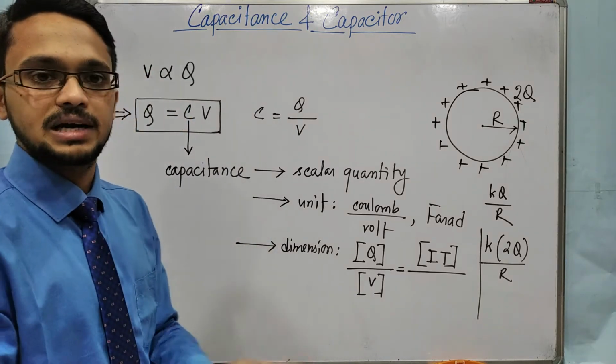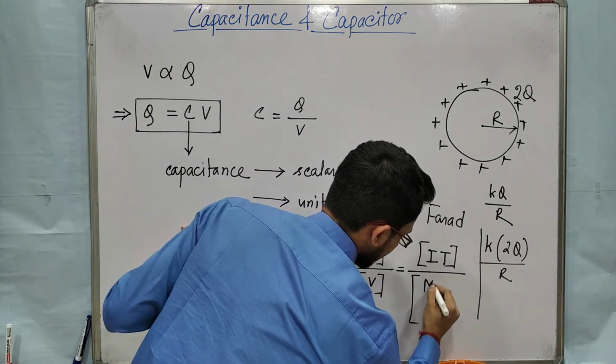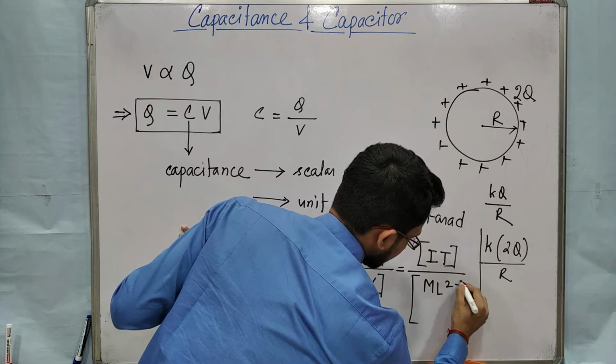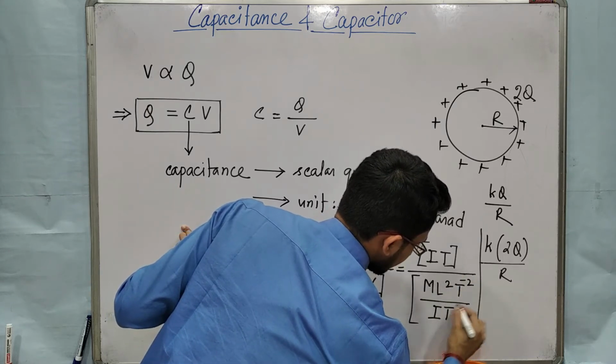Work done means M L square T minus 2, divided by charge, which is I into T.